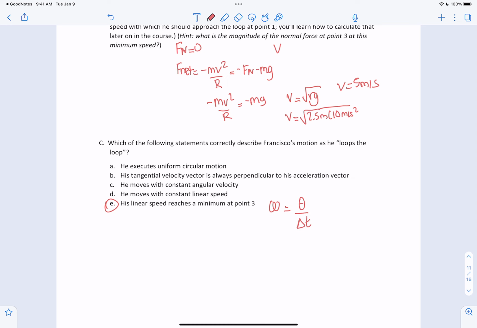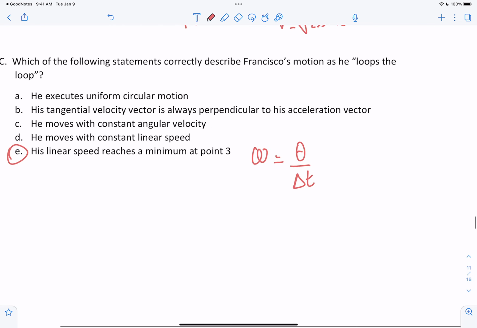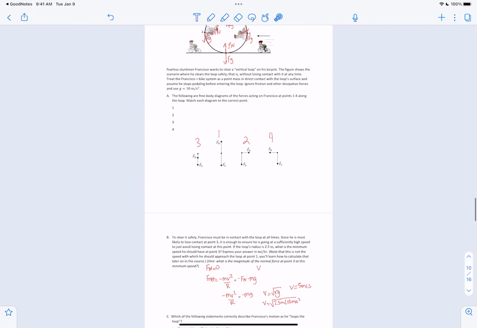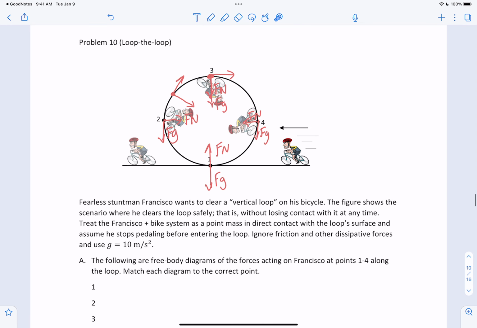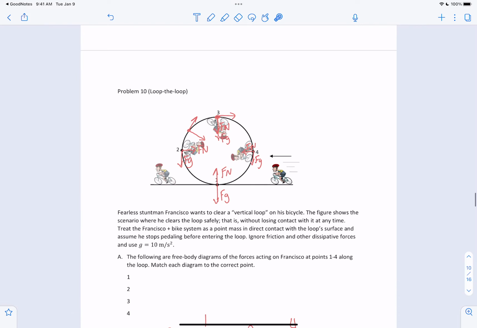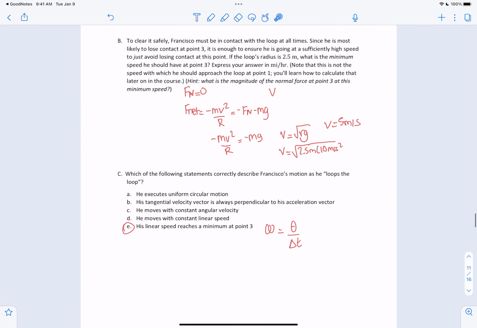You're covering a certain portion of the circle in a period of time. Well, if you're not traveling the same speed along the whole thing, then you're not going to be covering the same amount per time interval. You're not going to be covering the same distance around the circle in the same time interval. So you wouldn't have constant angular velocity in that case.